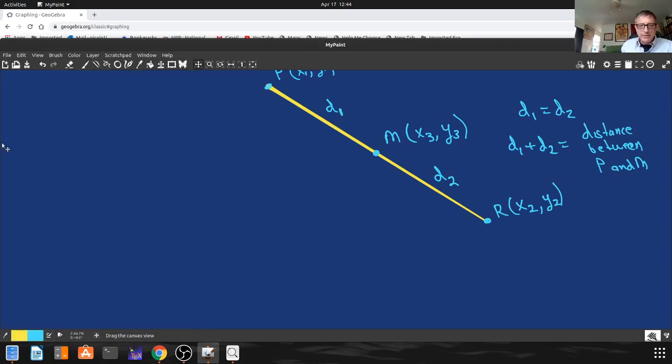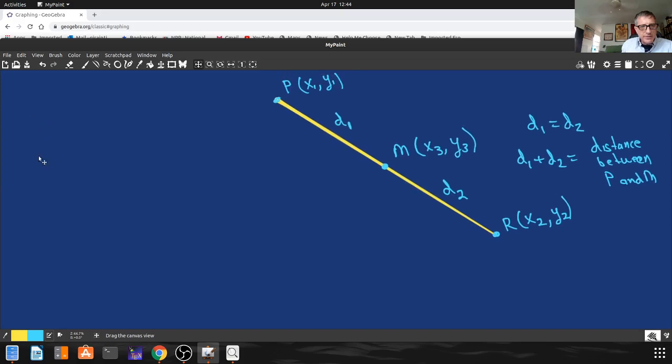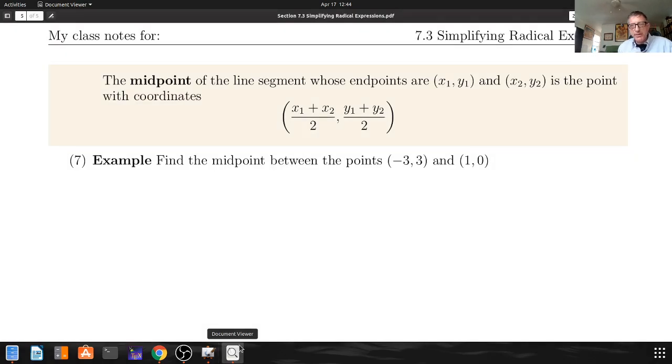This is really easy. I've already given it to you here. So let x1, y1 and x2, y2 be two points with those coordinates. Then the point given by, so notice this is a point.